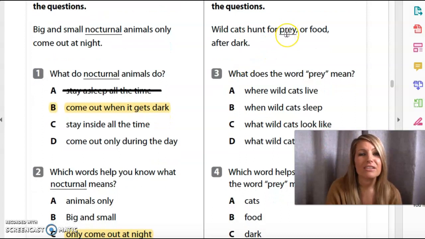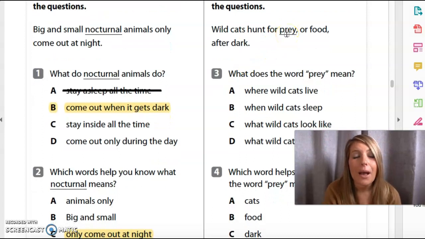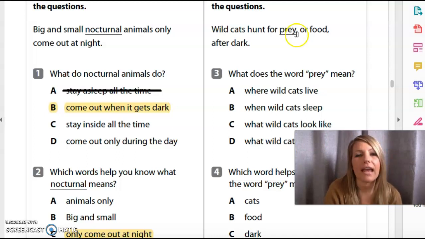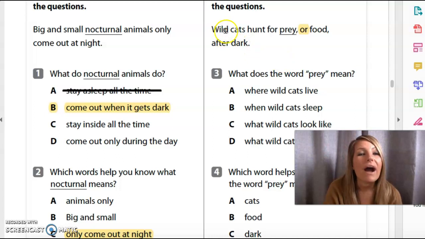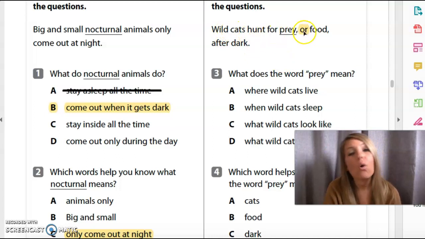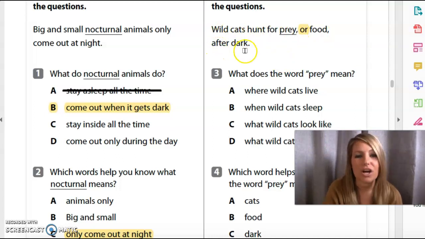We need to figure out the meaning of the word prey. I'm going to give you one hint before I log off today, and that is that this sentence contains our clue word, or. Remember that when we see or, like, or such as, usually the meaning of the word is close by.